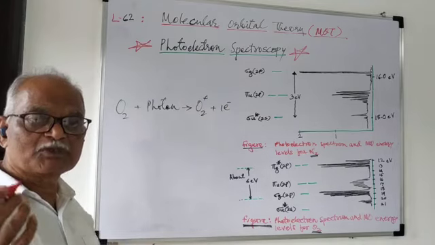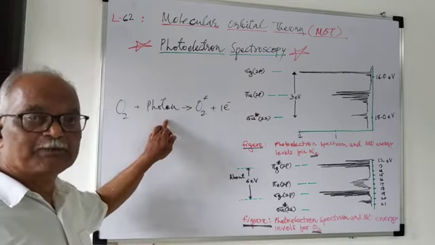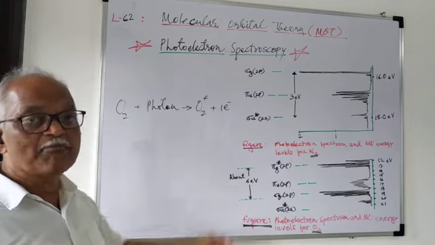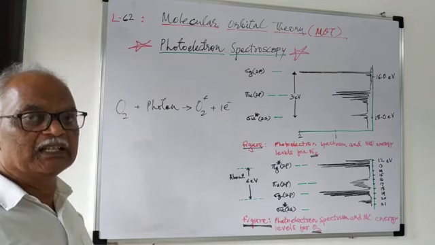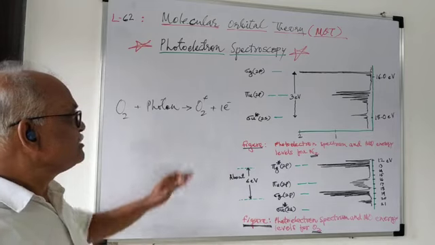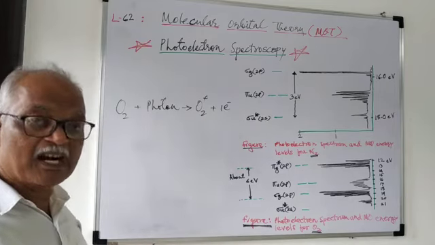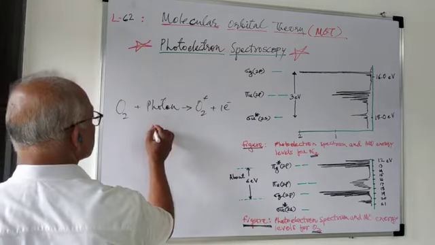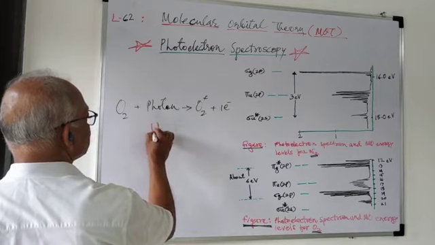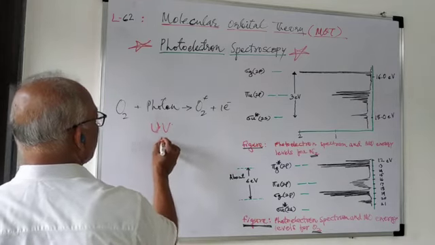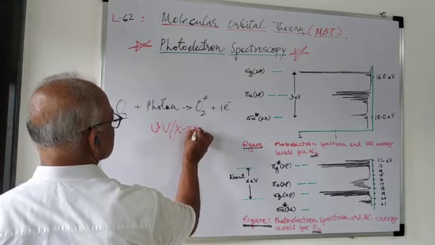Depending upon the amount of energy associated with that photon, it can have an impact on the removal of electrons. Generally the photons are UV light, or we can have X-rays.